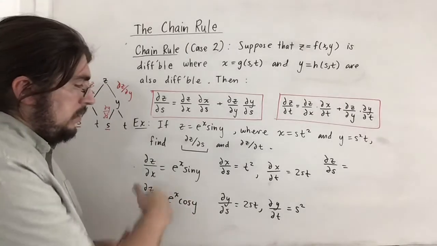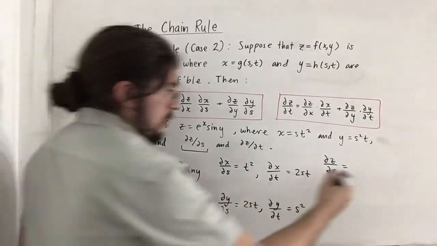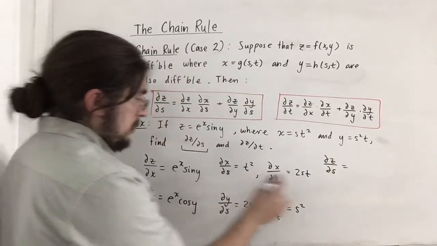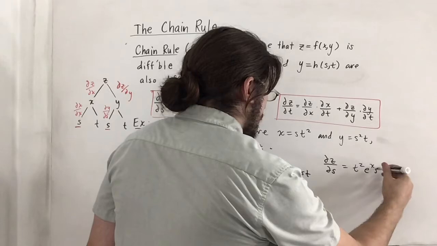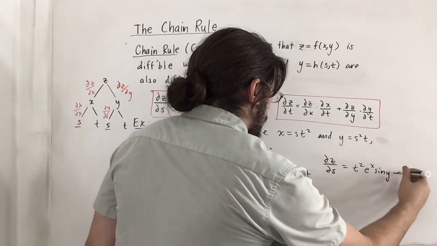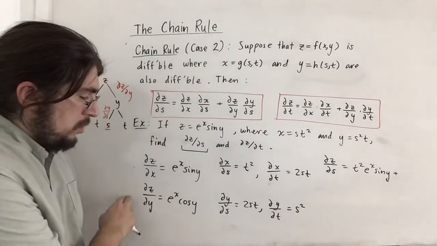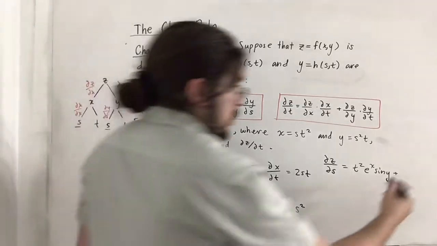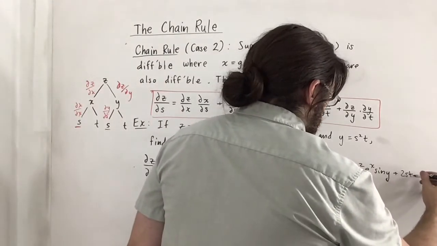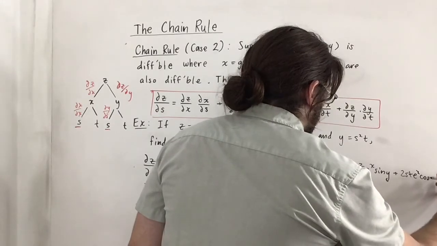So let me write it like this: t squared e to the x sine of y plus partial z partial y multiplied by partial y partial s. So that's 2st e to the x cosine of y.